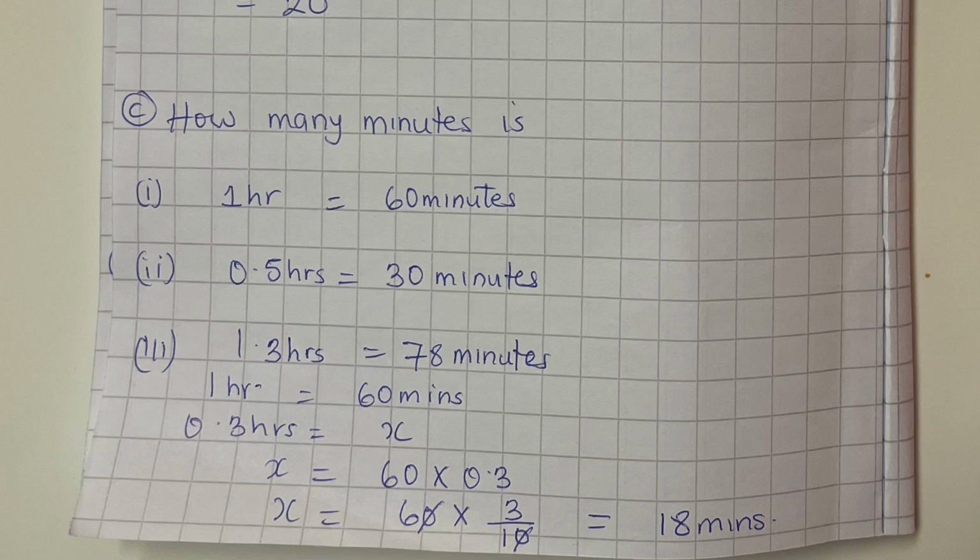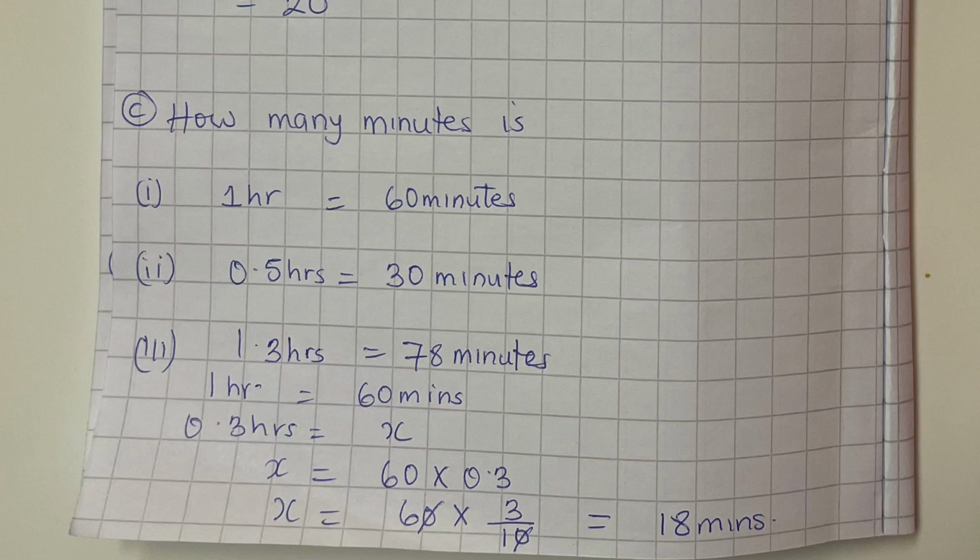So as we said before, 1 hour equals 60 minutes, then 0.3 hours equals x. We are looking for how to convert the 0.3 hours to minutes. So basically we cross multiply, that is 0.3 multiplied by 60 minutes.